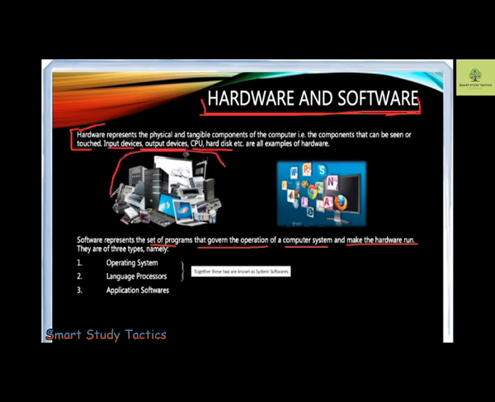These things are only garbage without software. If you install software in these machines, then it becomes a computer. Here we have the types of software: operating system, language processors, and application software.